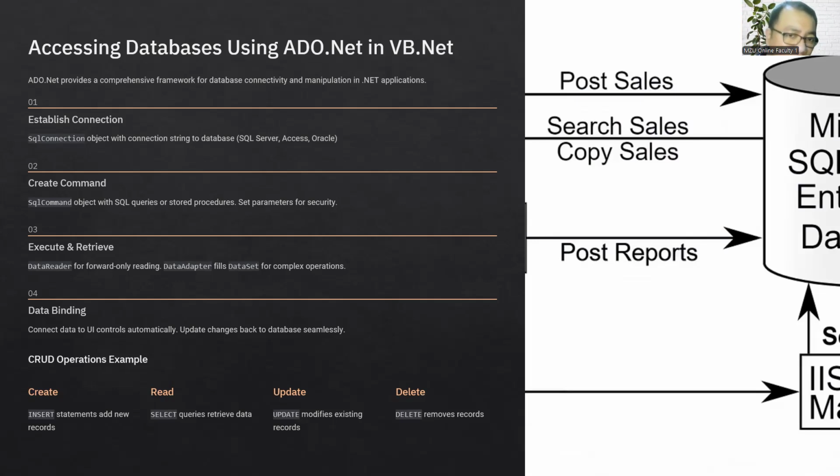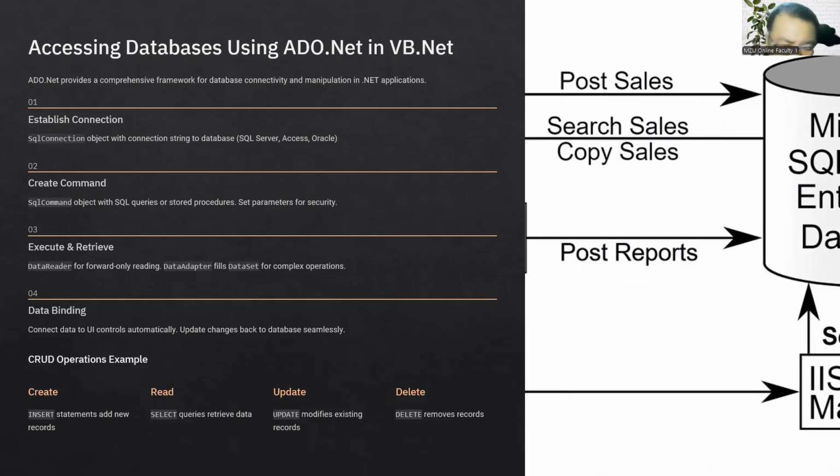First of all, we will establish the connection using the SQL connection object with a connection string to the database, such as the host name or the server, the credentials such as user ID and password, and the database itself.